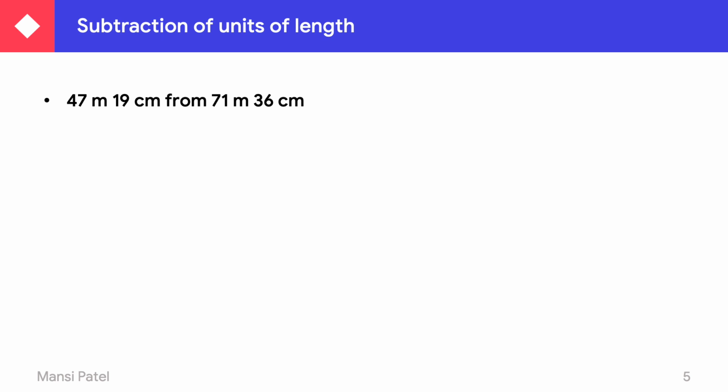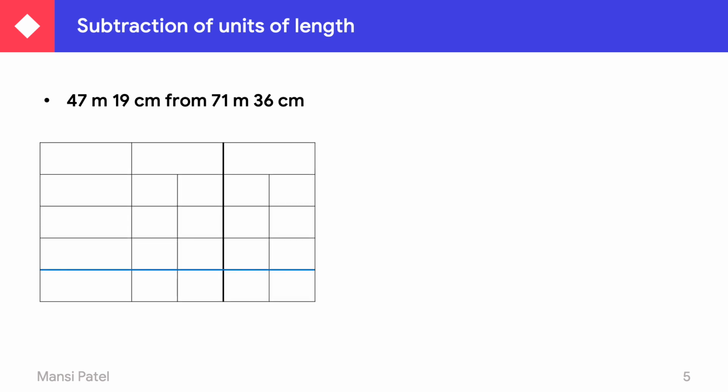So as per the rule, we make one table. In that, we write down the units. In our question, the units are meter and centimeter. So first, which number do we write down? First, we write down 71 under the meters heading, and how many centimeters of that? It's 36 centimeter. So we write down 36 below the centimeters heading.